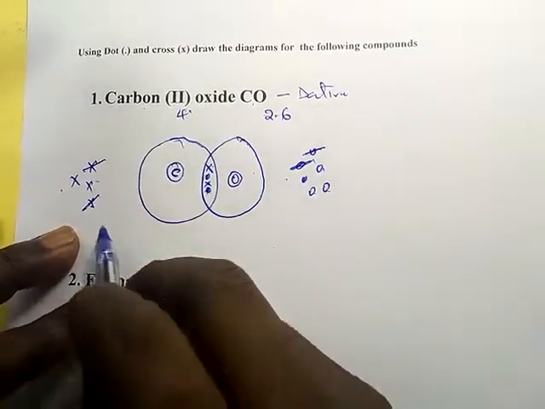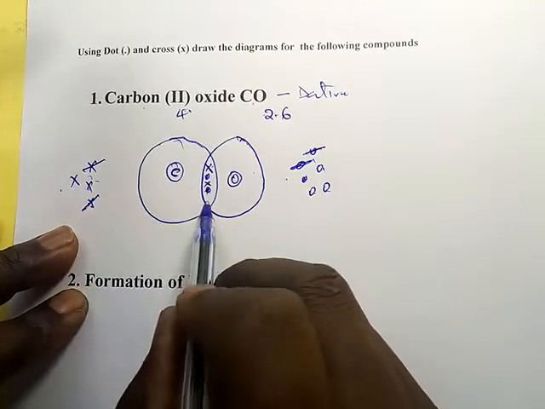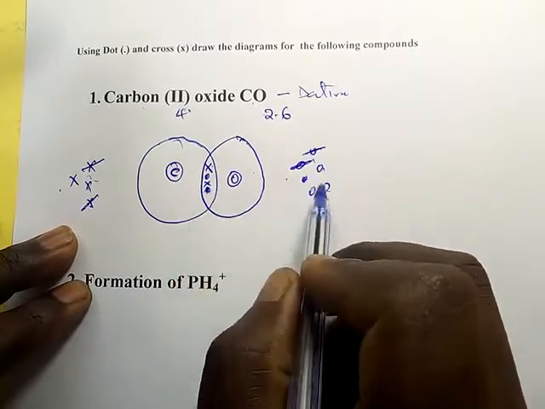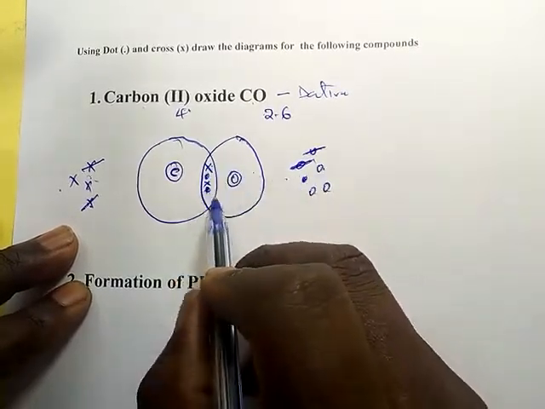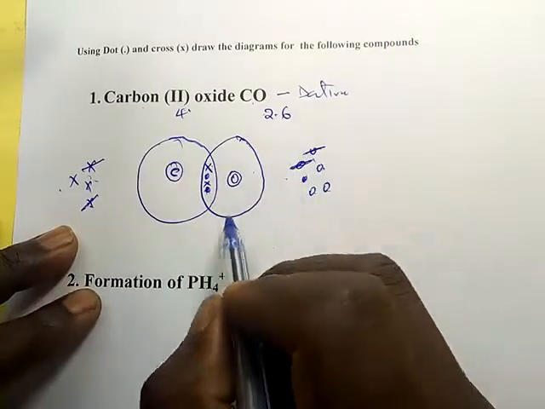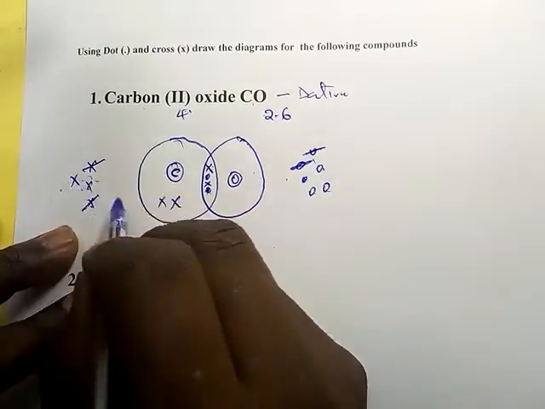Now look, if we continue sharing, if I remove 1 here and put it inside here, oxygen is going to have 9, and the electrons in the outermost energy level are not supposed to go beyond 8. At this point we have 2 remaining here for carbon.